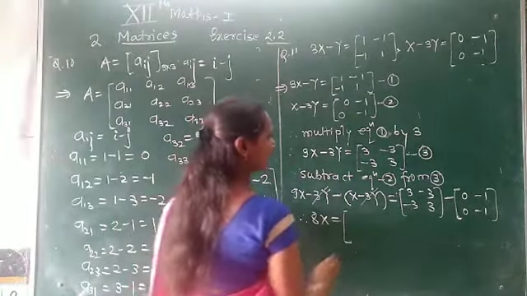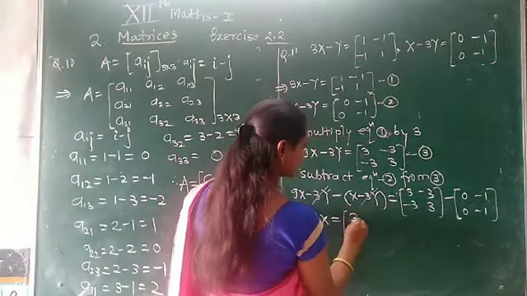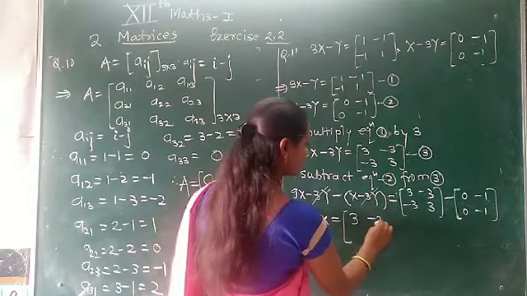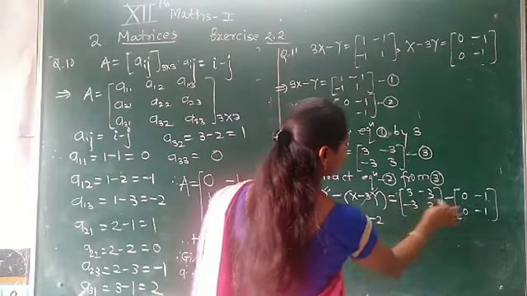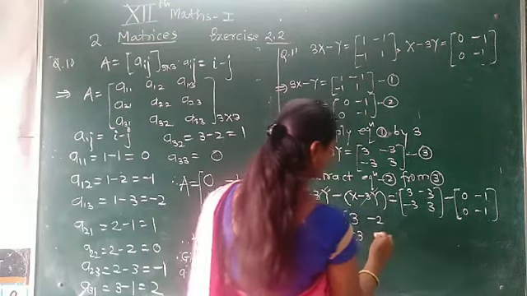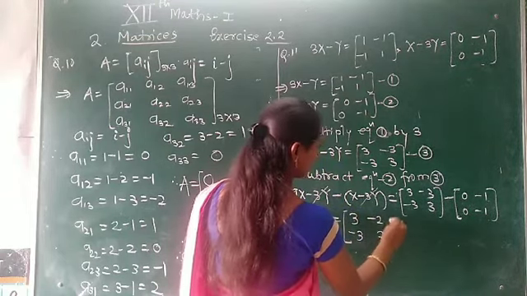So 8x is equal to 3 minus 0, minus 3 minus minus plus 1, that means it is minus 2. Next, minus 3 minus 0, minus 3, again here 3 minus minus plus 1, that is plus 2.